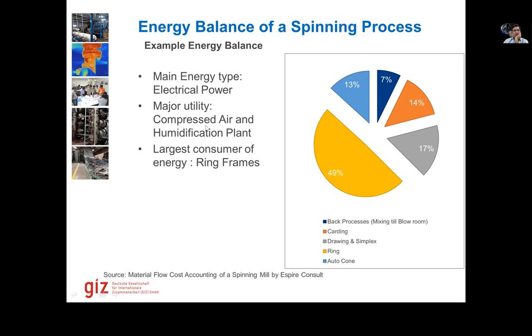The biggest energy utilities in this case are the compressed air system and the humidification plant, because these processes need humidification. If we don't maintain a certain humidity here, the cotton heats up and also catches fire. We also need a humidification plant and ventilation system to draw out the suspended fluff. So what we usually do is we provide positive displacement pressure.